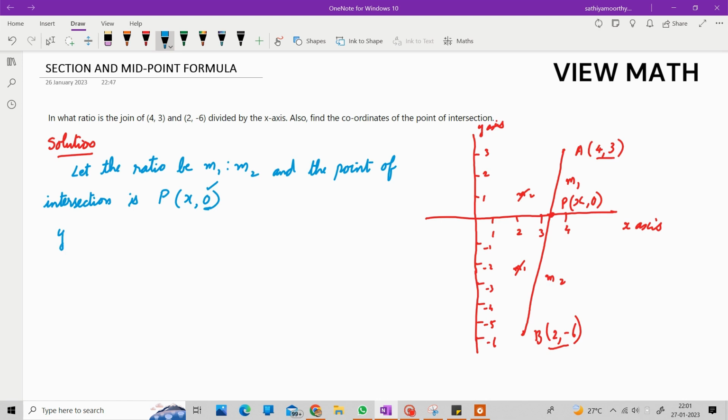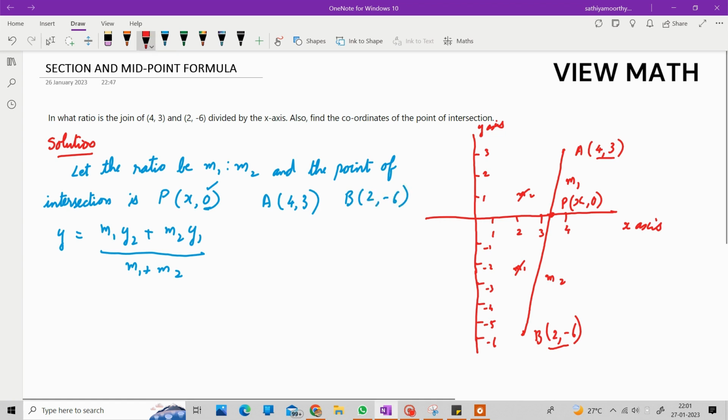So y is equal to (m1 y2 plus m2 y1) by (m1 plus m2). Now the A coordinate is (4, 3) and the B coordinate is (2, -6). It is given. So this is my x1, y1.